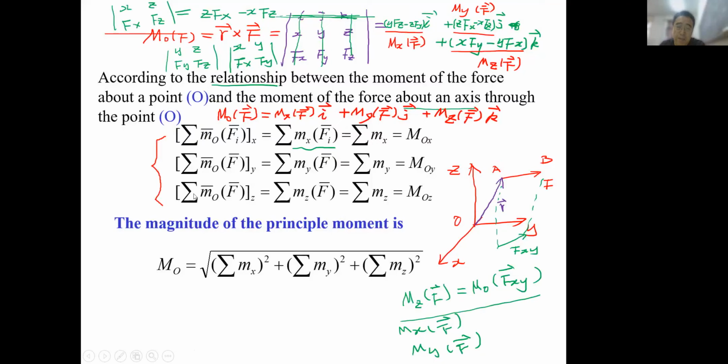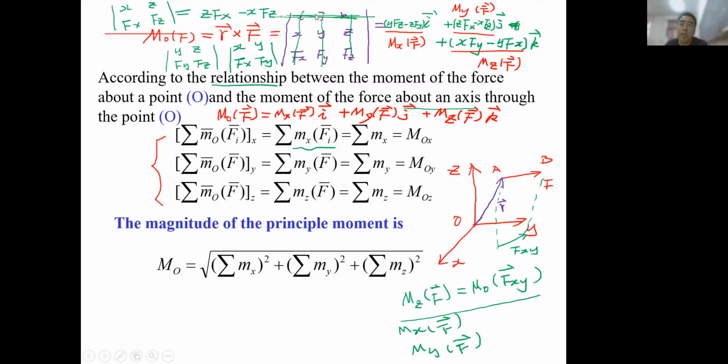Maybe sometimes, if you are testing to find a given force's moment to an axis, you can just use the definition of a force's moment about an axis. But if it asks us to calculate the three moments of this F about three axes, then maybe you can use this relationship.